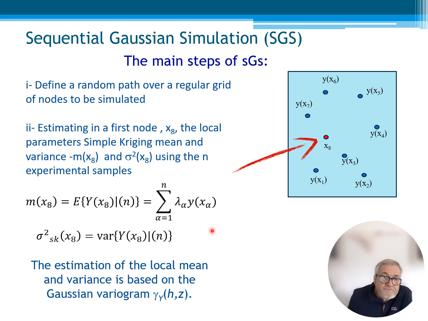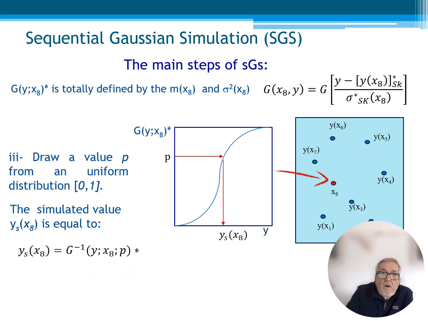The estimation of local mean and variance is based on the Gaussian variogram, which is just one. Based on those two parameters, the local mean and variance, the Gaussian cumulative distribution is entirely defined with just those two parameters, as we know.